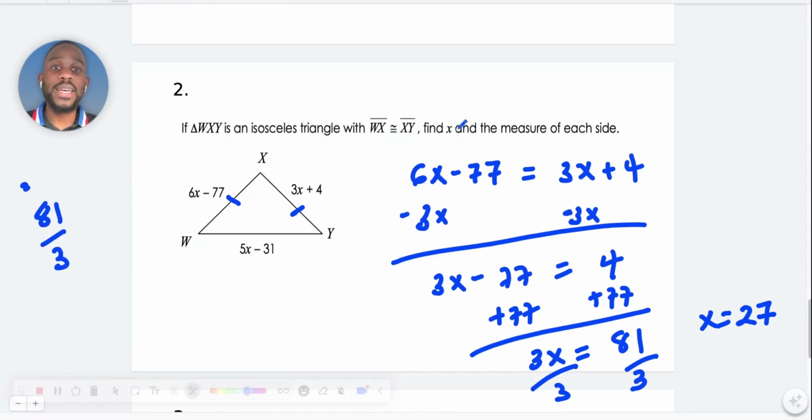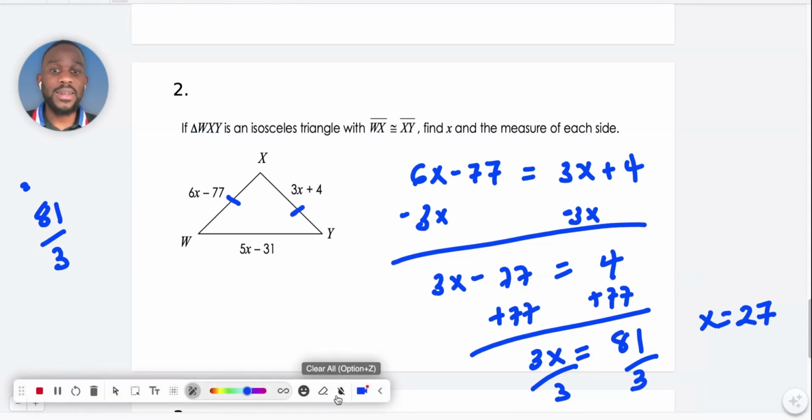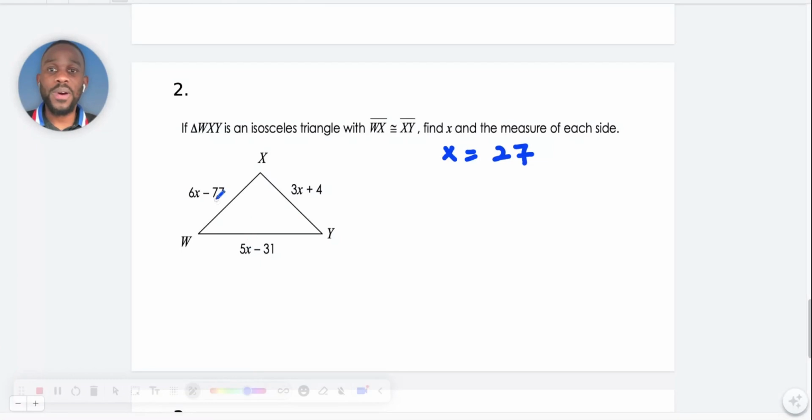So find x and measure of each side. Always read the question until the end. So they want us to get the value of each side. Okay, so the value of x is 27. So let's get each side, right? So if I substitute for x in here, this will be 3 into 27 plus 4.